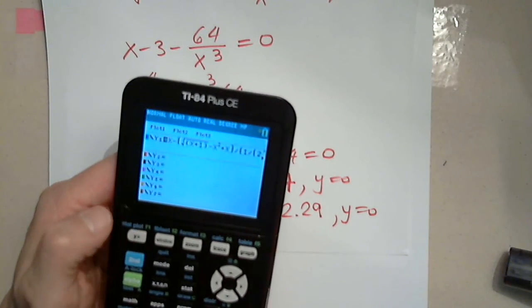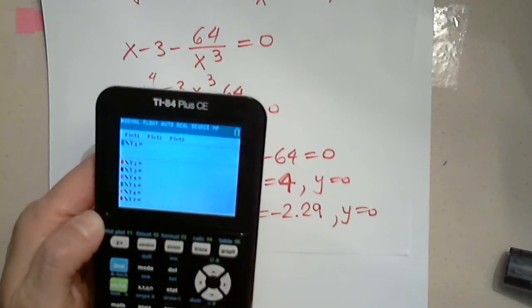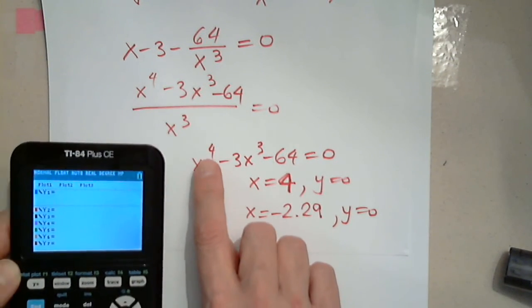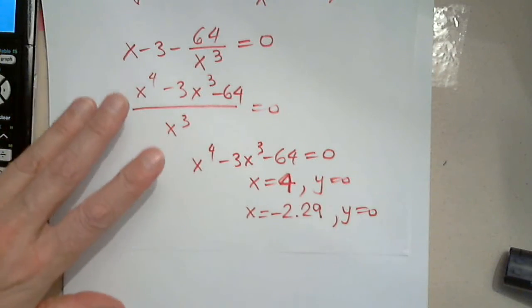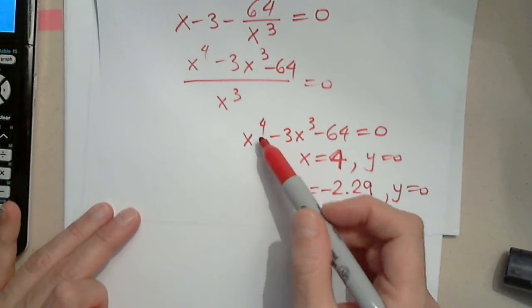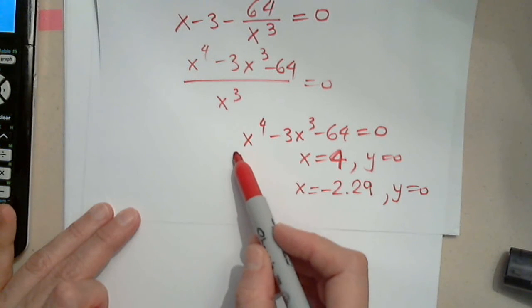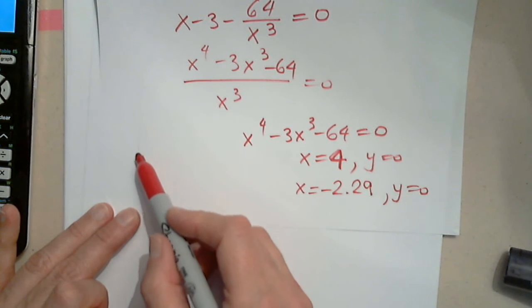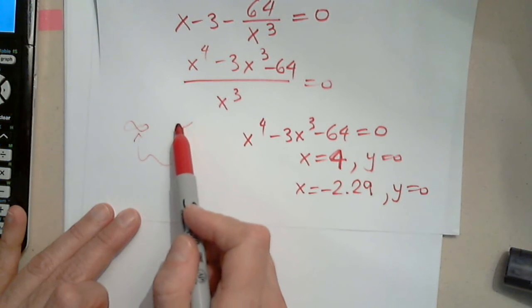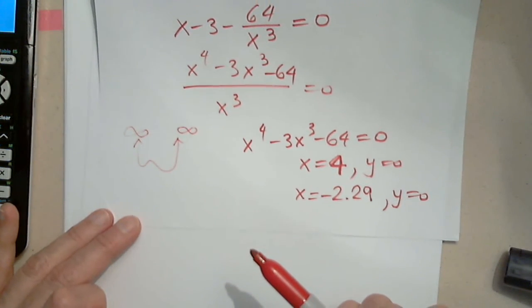Okay, in y equals, clear whatever you have, and we have to put in this function. It's a 4th degree function. Before I graph it, I have to refresh our memory on something. A 4th degree function with a positive leading coefficient has to do this. It has to come from positive infinity and go to positive infinity.